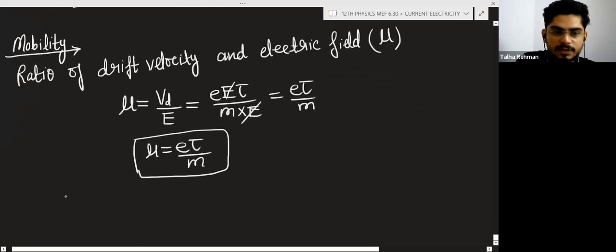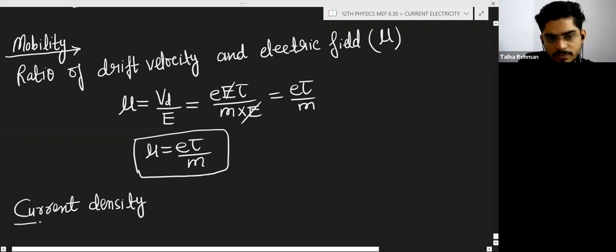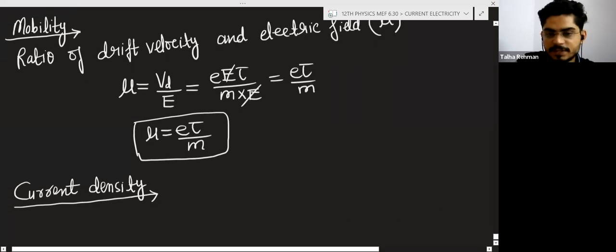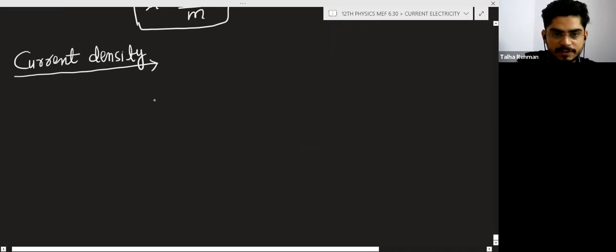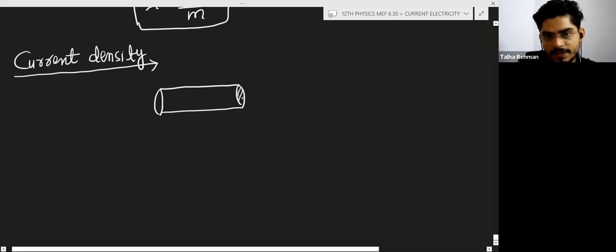There is another term, current density. Current density is current per unit area; current divided by area is known as current density. Suppose this is a conductor, and this is its cross-section area A, and current I is flowing through it like this.